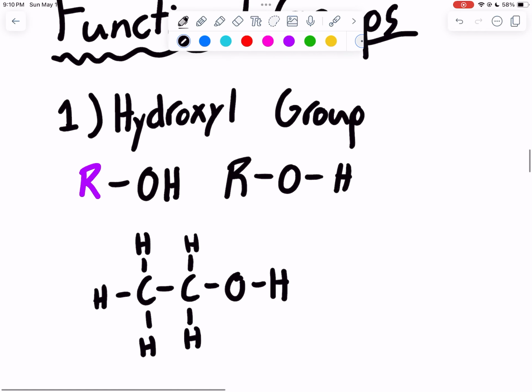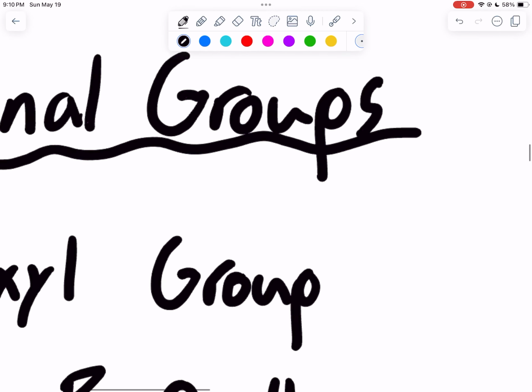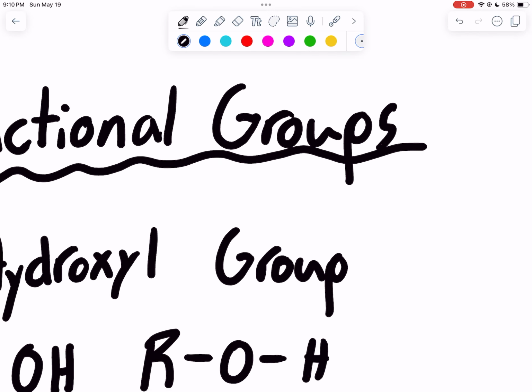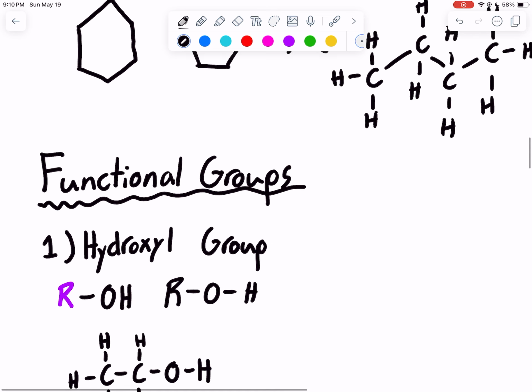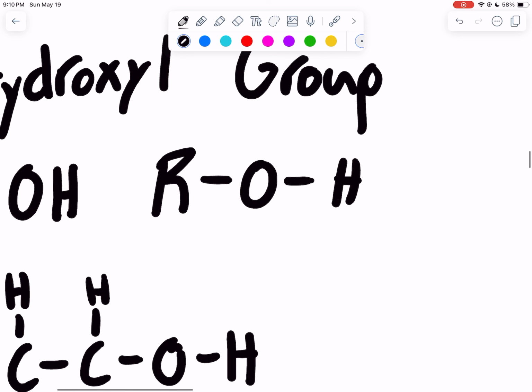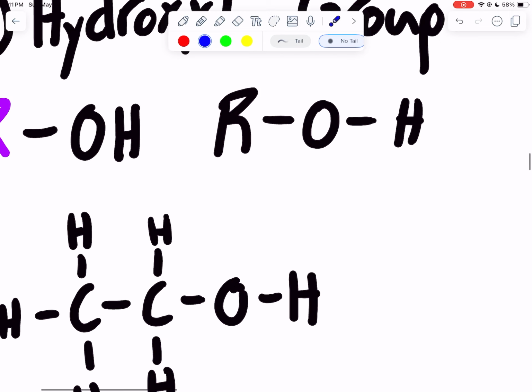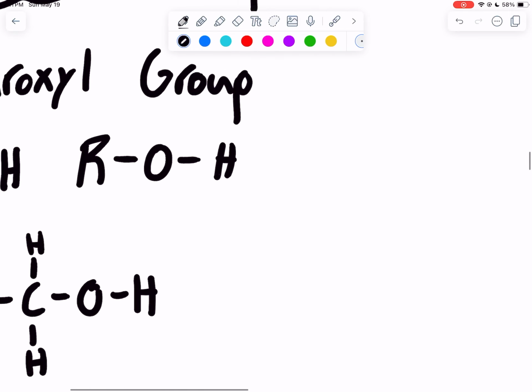And this is really important. Functional groups in general are really important because they add to structure and they add to interactions. Hydroxyl groups are very common in many, many compounds because they allow for interactions between other molecules.